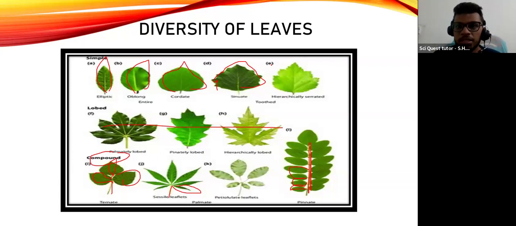So therefore, the ones who put the answers in the chat will be the winner. Right. I will give you the question. You all can look at the leaf structures properly. These are the leaf structures. Now the questioning time.